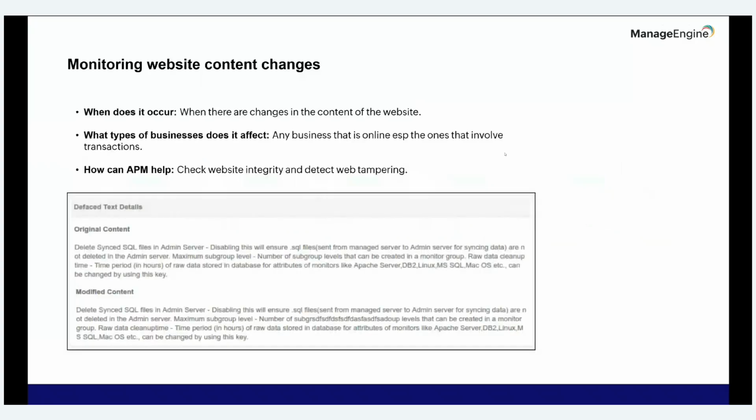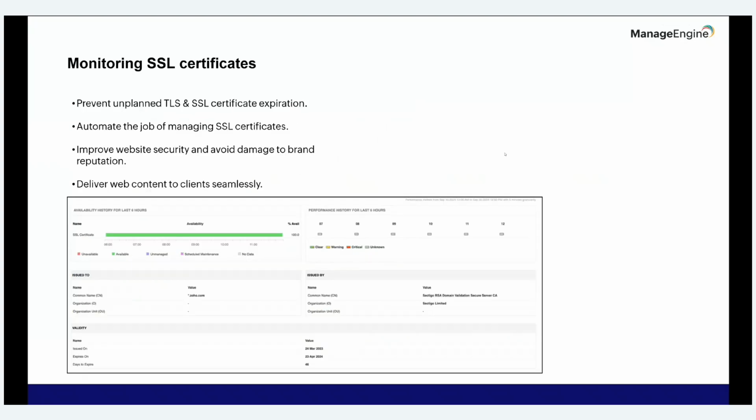And in terms of content changes, there are different contents, right? Elements, scripts, images, which can be defaced. Monitoring your website content helps you to check the website integrity and check for website tampering. From OpManager Plus, we have this website content monitoring, which can be achieved within the application performance monitoring module. Adding to this, we also offer you the SSL certificates: from which domain, from which URL the certificate has been issued.